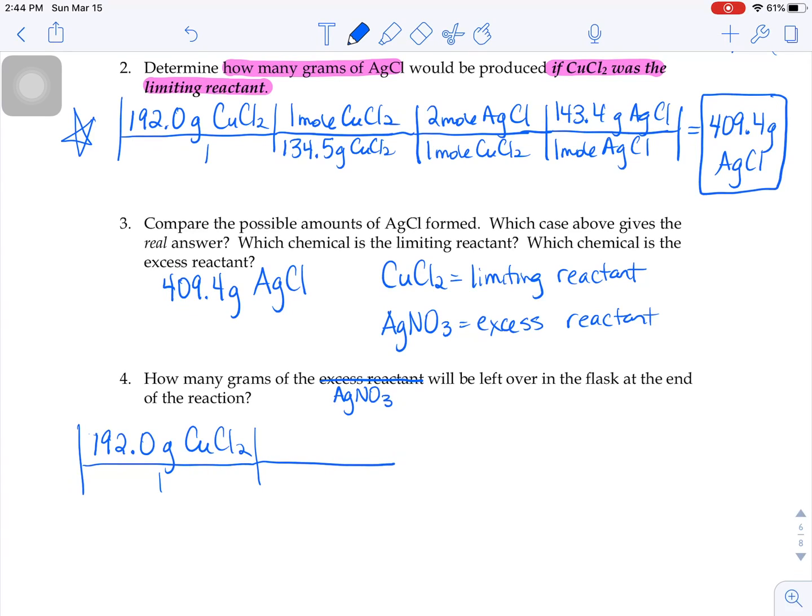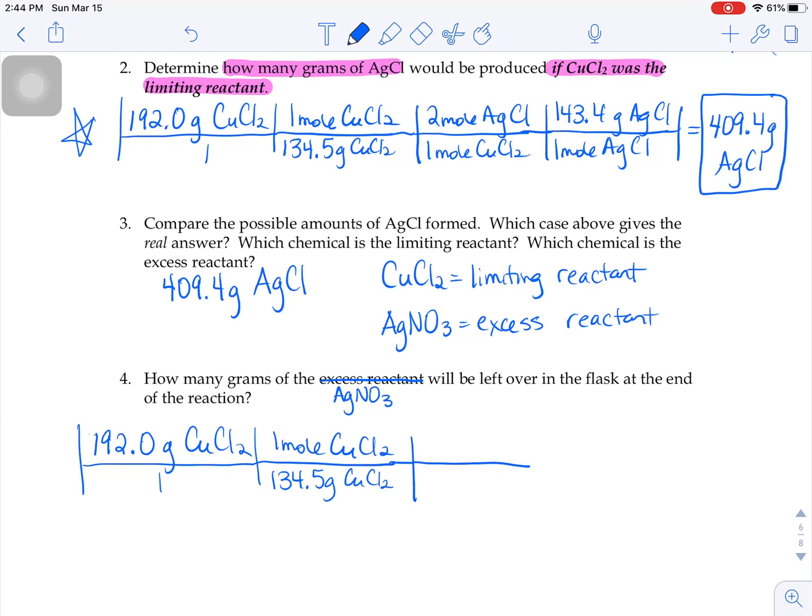And in all stoichiometry problems, you have to get those grams into moles. But what makes number 4 here different from number 2 that we did up above is that in number 2, we were trying to determine how much product could be formed. In number 4, we're trying to figure out how much excess reactant is left over in the flask.